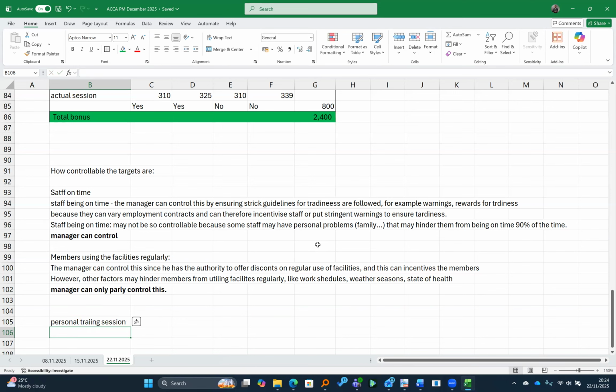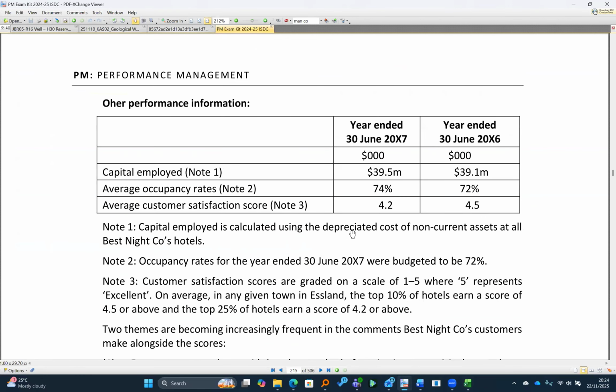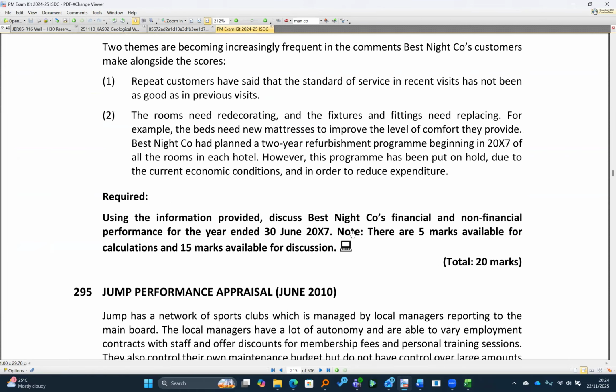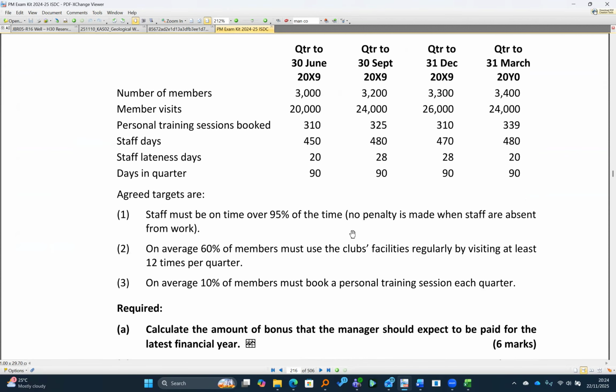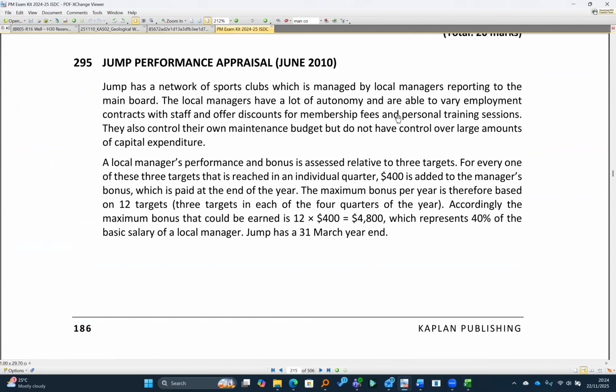Even here, it's the same explanation as before. Manager may control through discounts, okay, because they told us that the manager can provide discounts. Manager can give discounts on personal trainings.